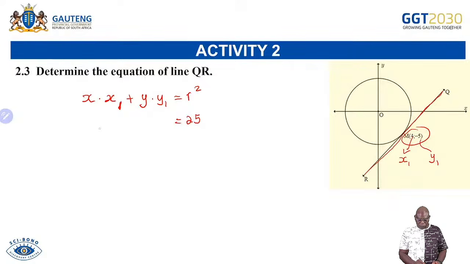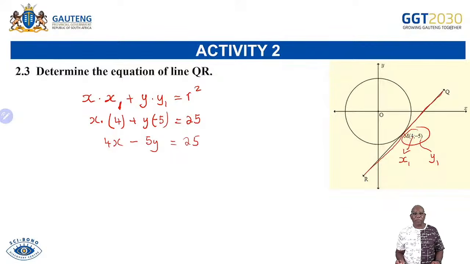So I'm going to substitute them here. My x1 is going to be 4 times x. My y1 is going to be -5 times y. Then I'm going to get 4x minus 5y equals 25. How easy can this thing be? So then we have -5y. I need the x on the other side.